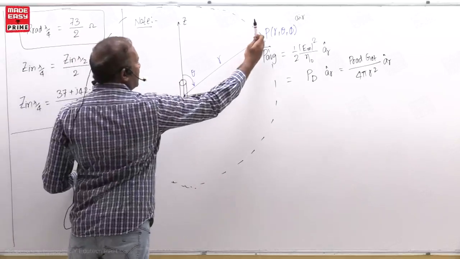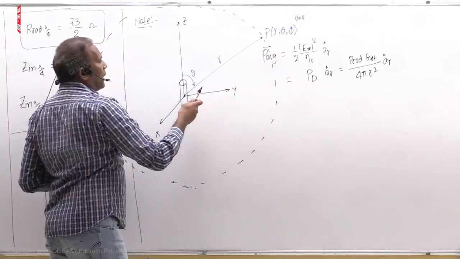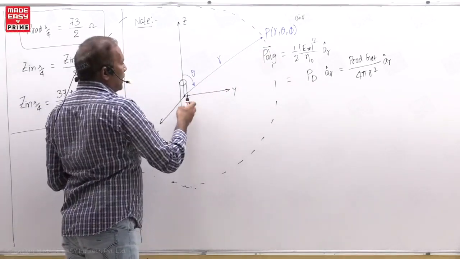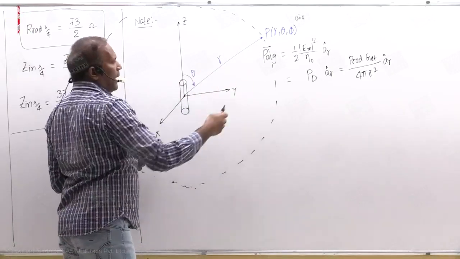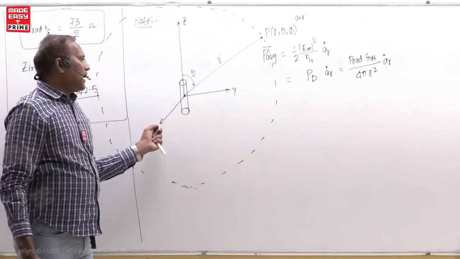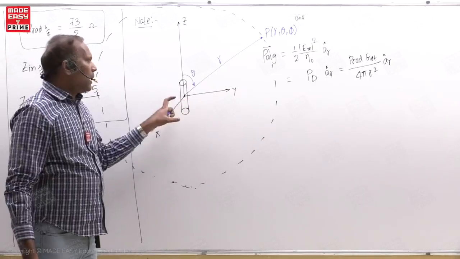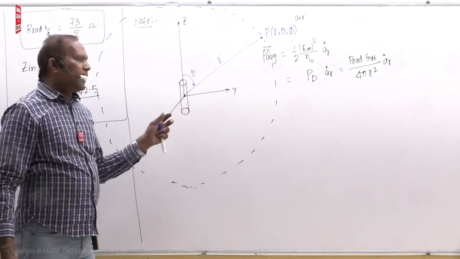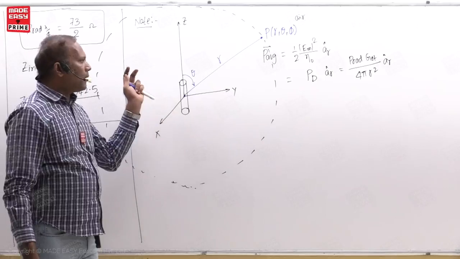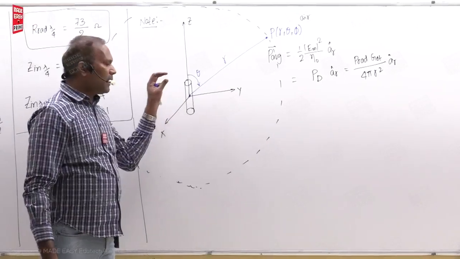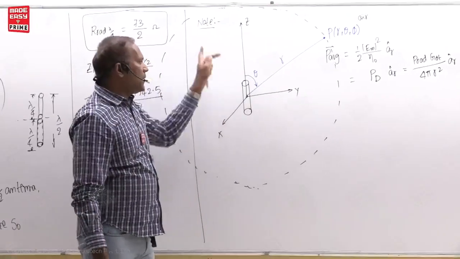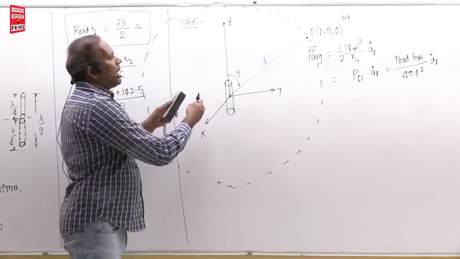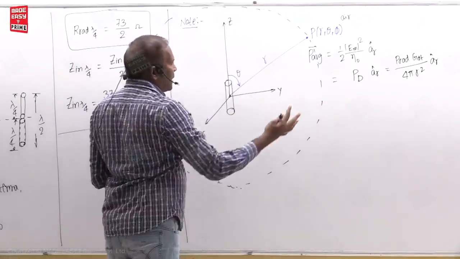Radiated power is multiplied with gain, and it is spread into this spherical volume. It is a sphere, it is not a circle.